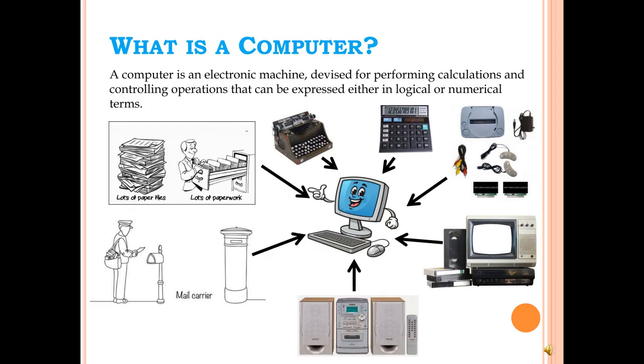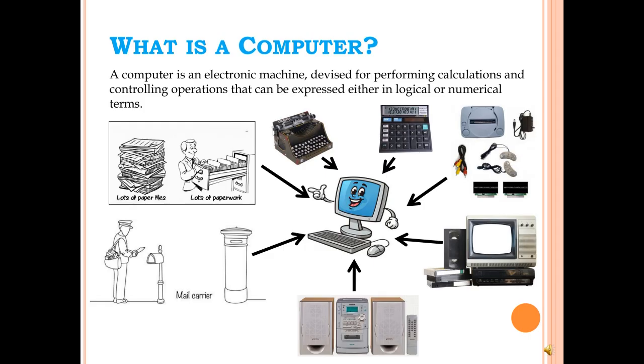But what exactly is a computer? A computer is a device which helps you perform multiple tasks like calculation as well as sending messages, and it helps you express data either in logical or numerical terms.